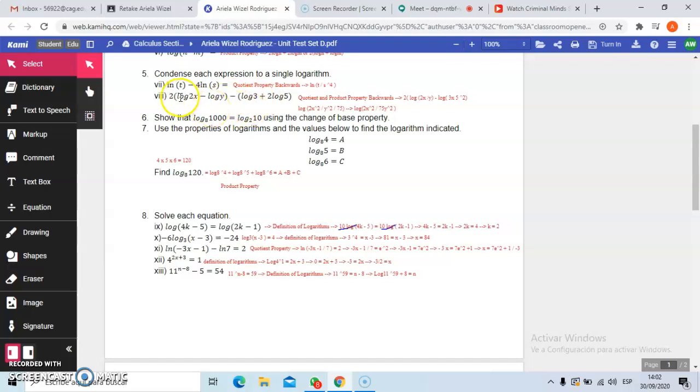First, I condensed the first expression and I am left with 2 outside of the parentheses log of 2x divided by y, and the 2 will be distributed as an exponent on both 2x and y, minus, and now I condensed this one, and since it is addition, I will use the product property, which will be multiplication, so it will be log of 3 times 5 to the 2nd power.